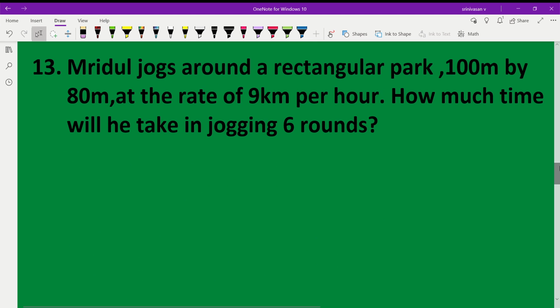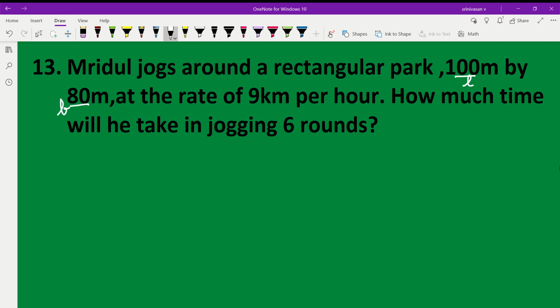Mridul jogs around a rectangular park 100 meter by 80 meter. That means 100 is the length and 80 is the breadth. At the rate of 9 km per hour. How much time will he take in jogging 6 rounds?